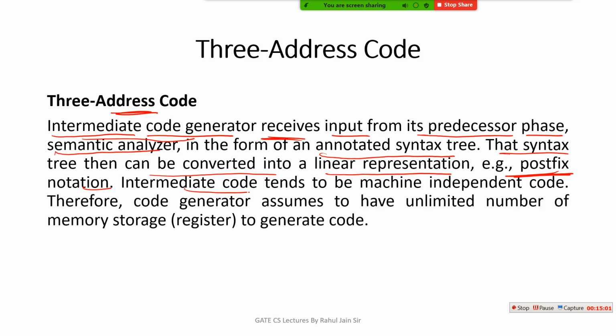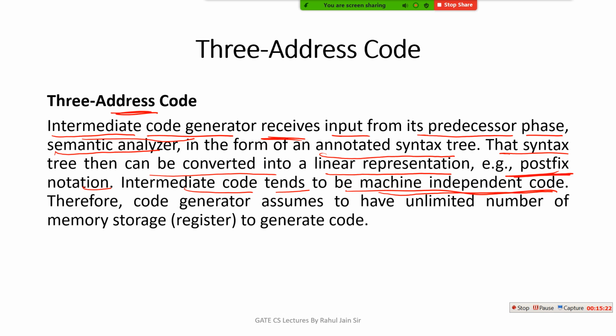Intermediate code tends to be machine independent code. When I discussed the phases of compiler design in our first session, I said there are two kinds of intermediate code generation: machine independent code and machine dependent code.